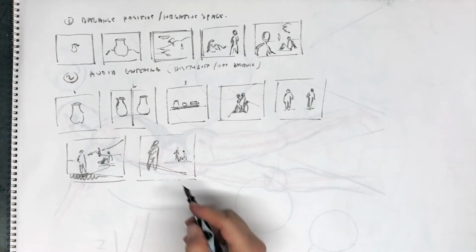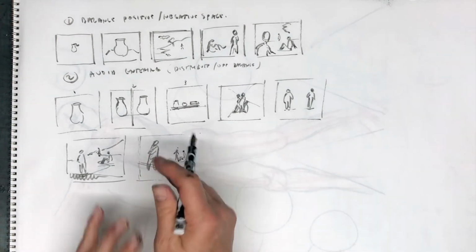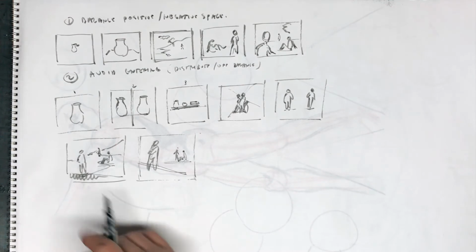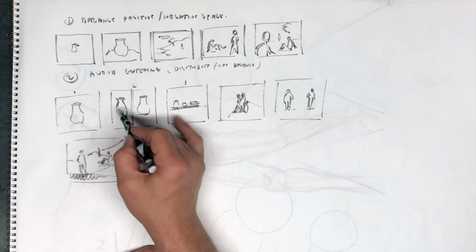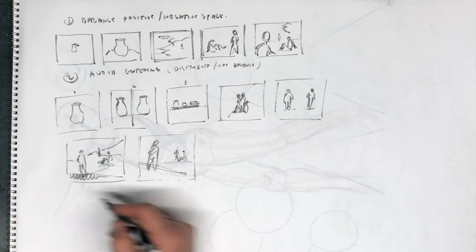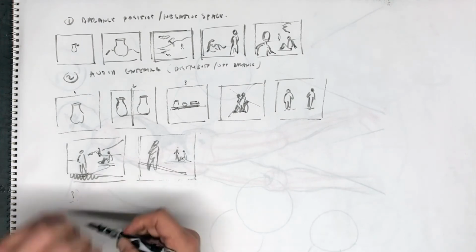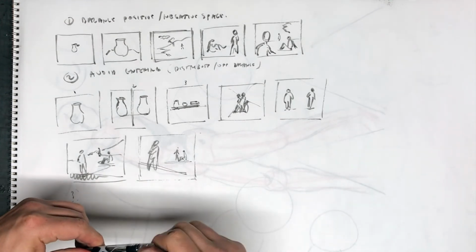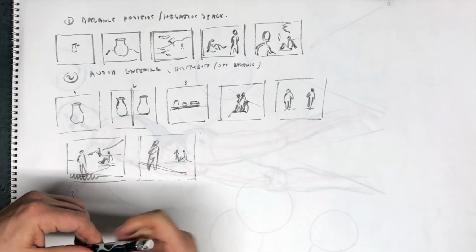Off-balance compositions, compositions where you distribute your objects, are always a little more effective than your compositions which are centered, balanced, or aligned. The third one, avoiding tangents.